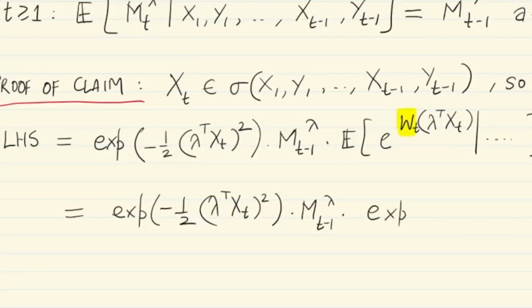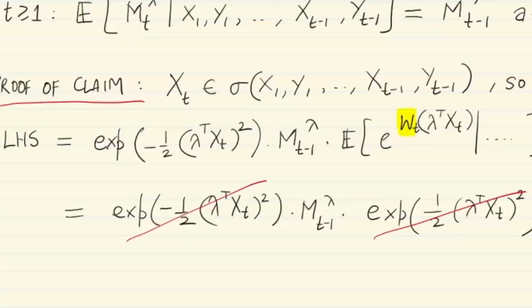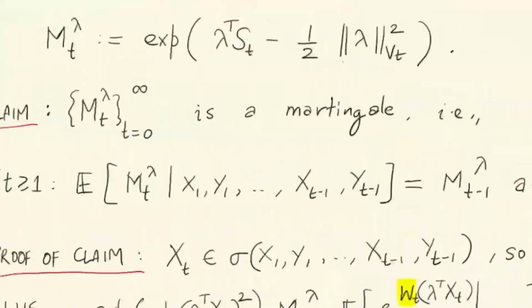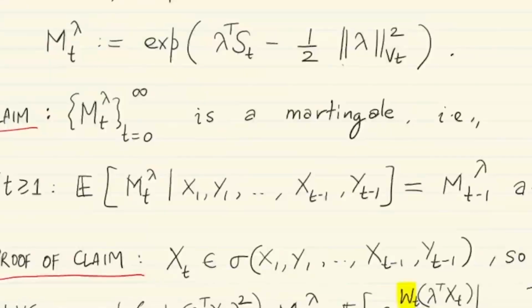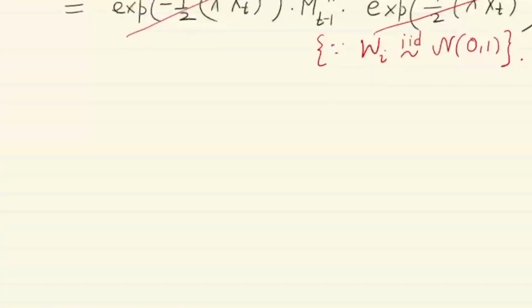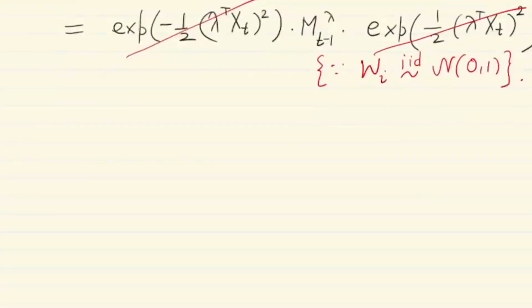So you directly get the moment generating function of a Gaussian, e raised to half lambda transpose x_t the whole square. Okay, so the first term and the third term cancel, leaving you with what you require. This is because the w_i are assumed to be IID standard normal. So what does this show? For each fixed lambda, M_t(lambda) is actually a martingale process, in the sense that it essentially doesn't change its mean on average.